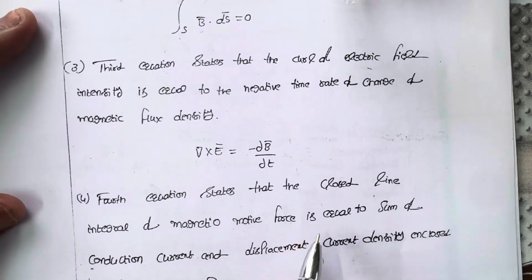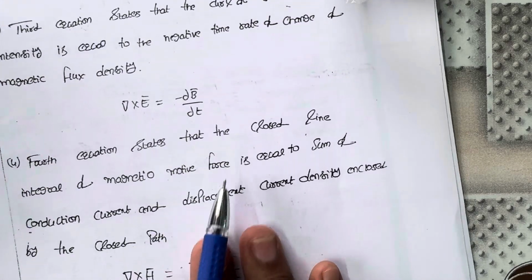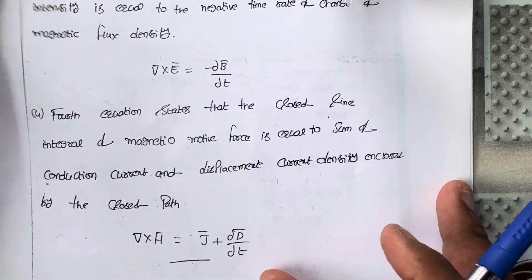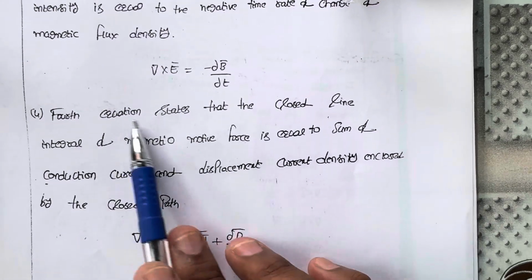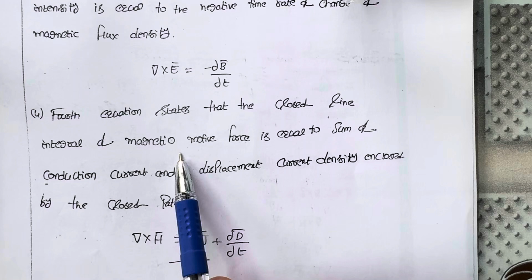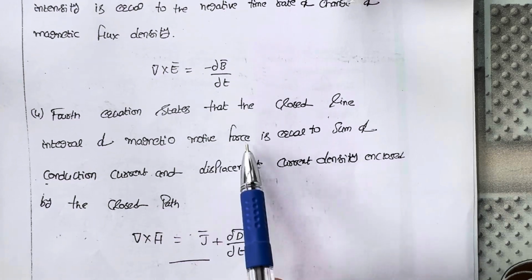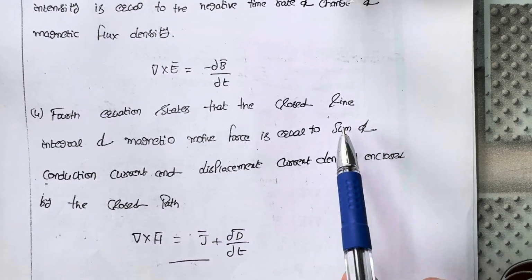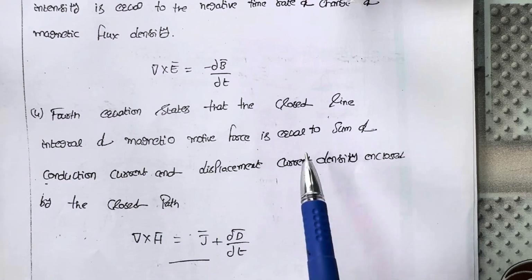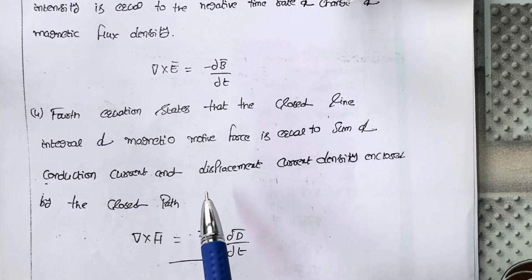Next, Maxwell's fourth equation states that the closed line integral of magnetomotive force is equal to the sum of conduction current and displacement current density enclosed by the path.